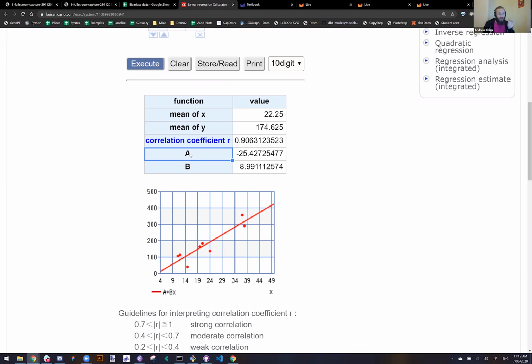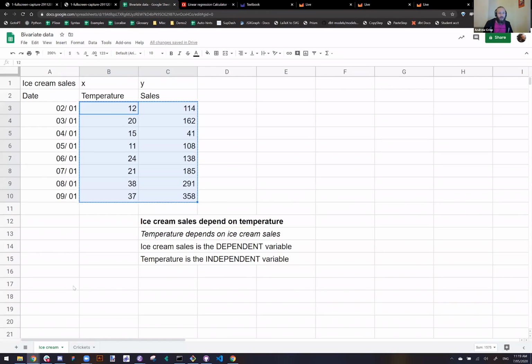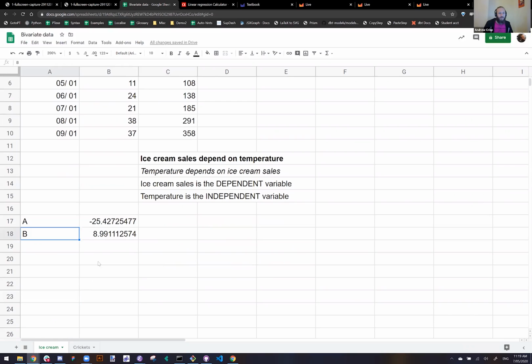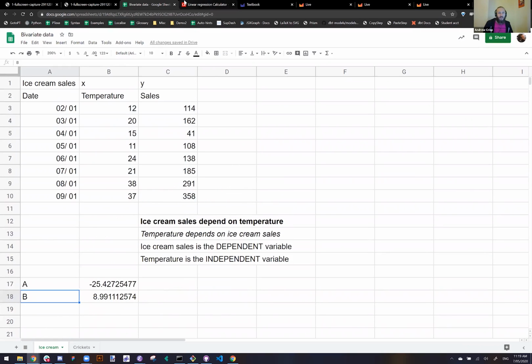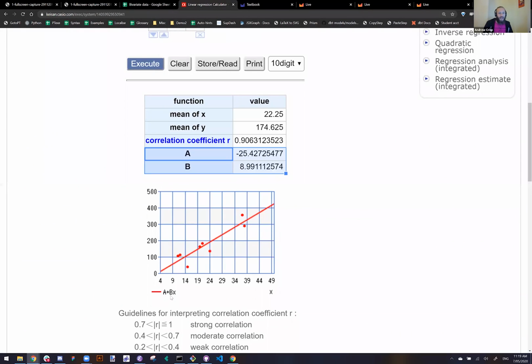So your calculator will probably tell you how to match these things up, but I'm going to transfer these results over to my spreadsheet. Here we go. So that's my value of A and B, and the calculator is telling me that it's A plus Bx.